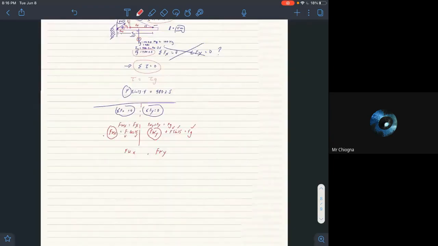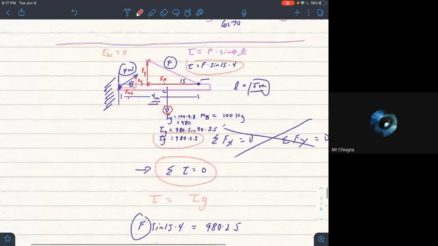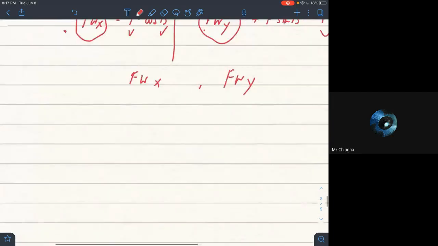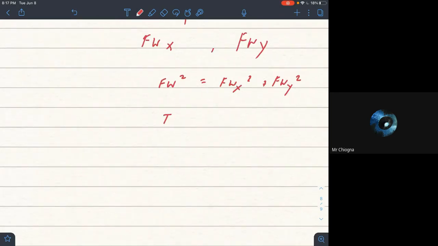Going back here, your FW, once you got the X and Y components, use the Pythagorean theorem, and then use the tan of the angle to find the angle. So you have FW squared is equal to FWX squared plus FWY squared. And then for the angle, use the tan.